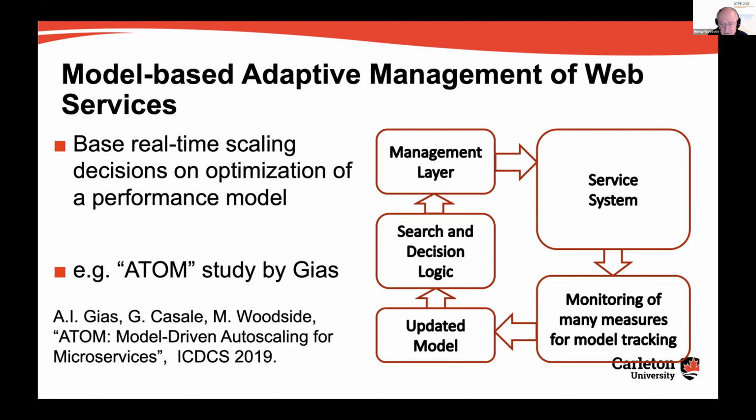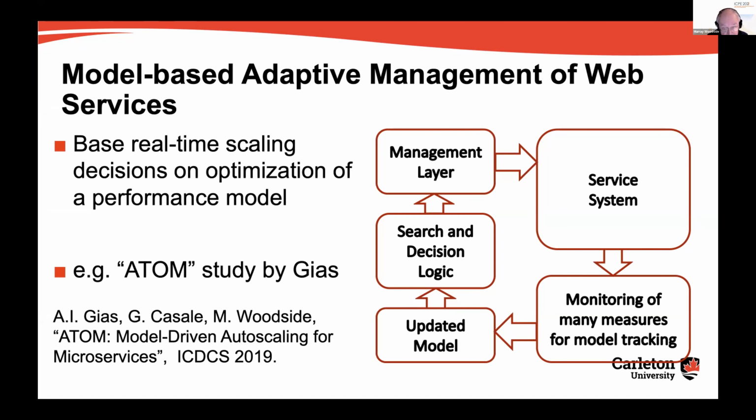The service system produces measures which are fed to a decision system on the left in the block diagram here, and the decision system then gives instructions to a layer which makes the changes to the system. In model-based management, the search and decision logic is based on a model of the system.